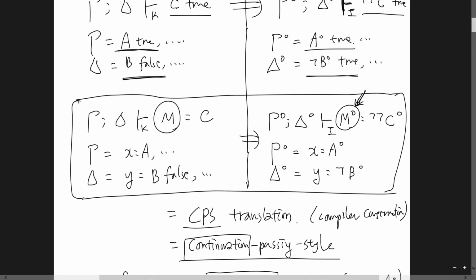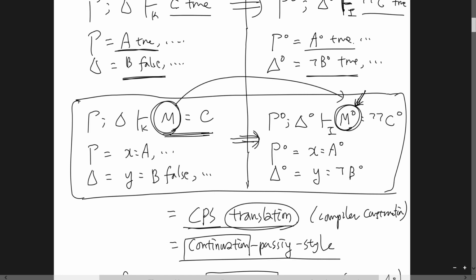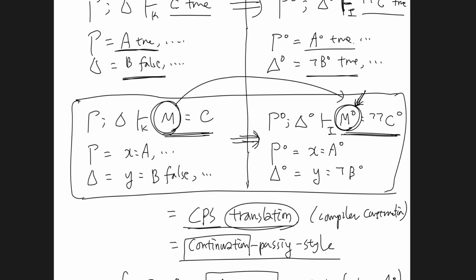Now I'm going to show the actual CPS translation, which converts this proof term M into this proof term M circle that satisfies this relation. So if M has type C, then M circle has type double negation C circle. The translation is not trivial at all to develop, but there's no surprise either.